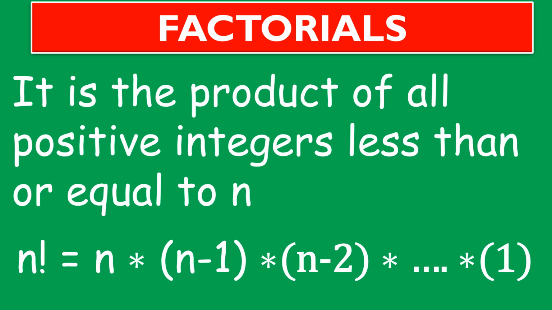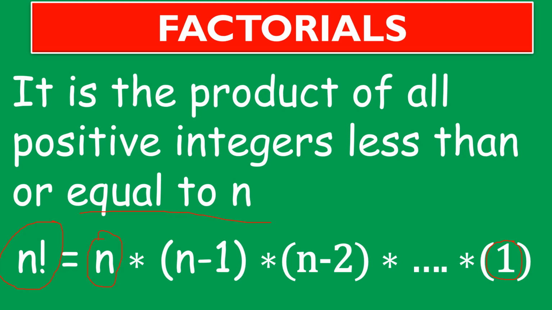Now take note, we have n factorial. Remember, it starts with n and it ends with 1. It starts with n, that's why we talk about equal to n, and then ends with 1.